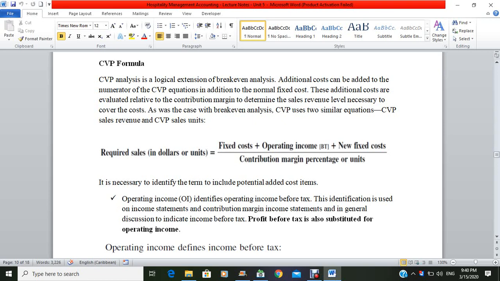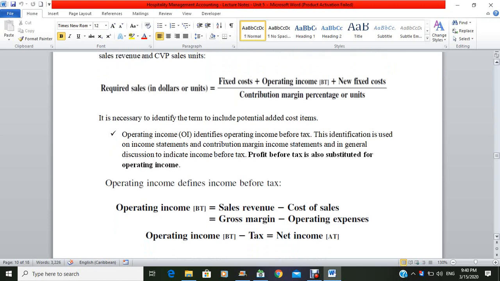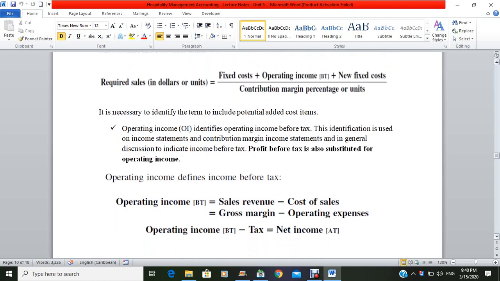The formula for this is: required sales equal fixed costs plus operating income, which is before tax, meaning the amount before you take out tax, plus net fixed costs, divided by contribution margin percentage or units. It is necessary to identify the term to include the potential added cost items.